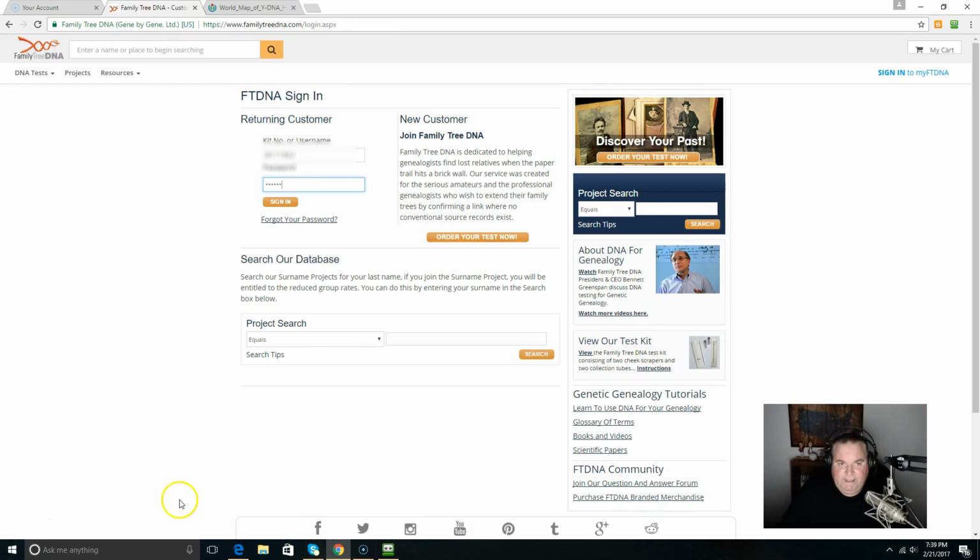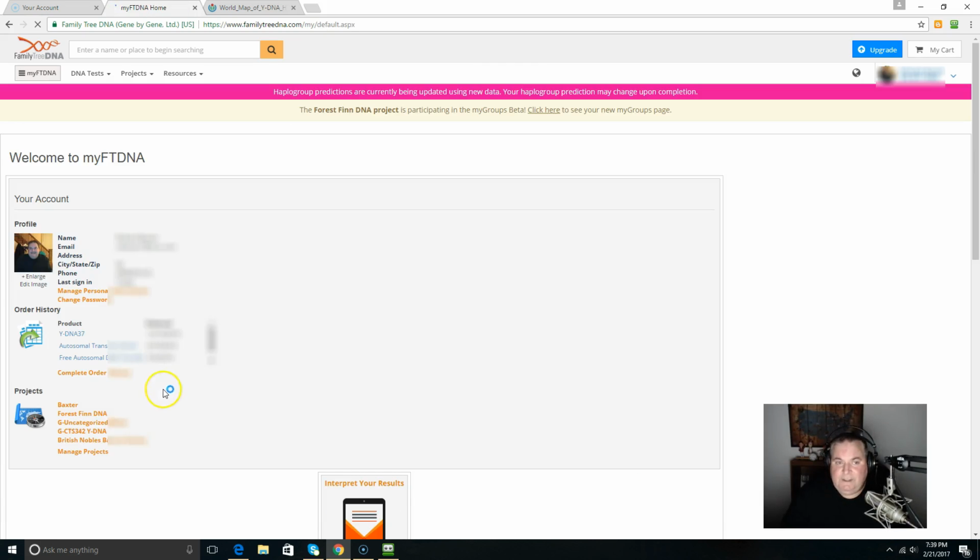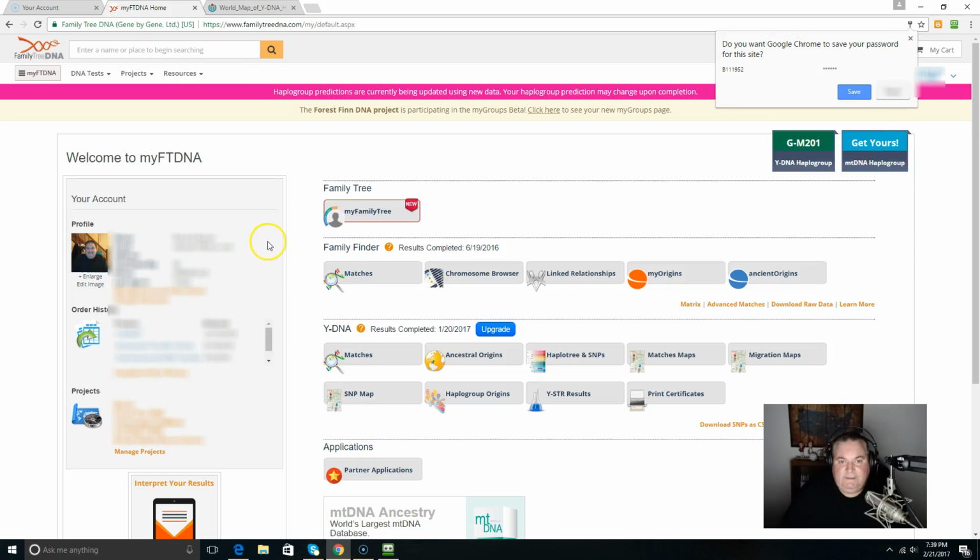Okay, enough of that history of the DNA test and the Y-DNA and what it is exactly. I'm going to sign into my own FTDNA account here, the Family Tree DNA website. And as you can see right here, this is all of my results. I have the My Family Tree uploaded. I have the Family Finder, which I did.